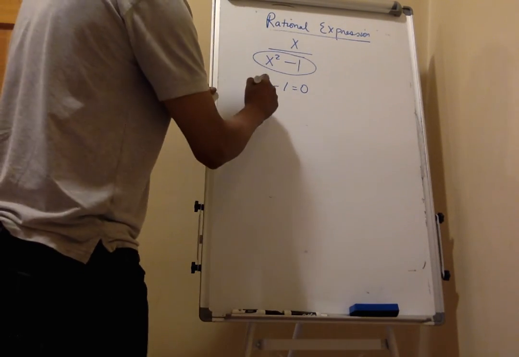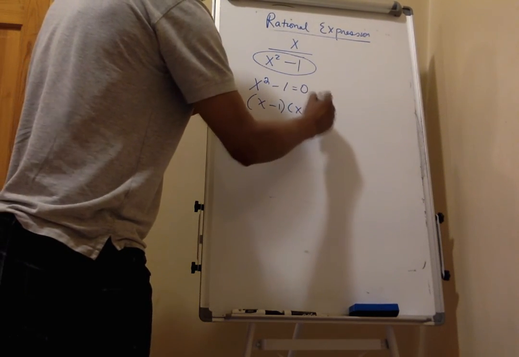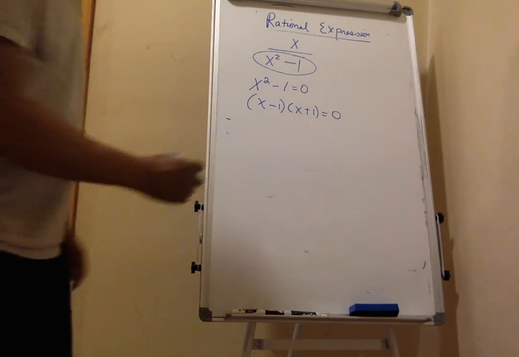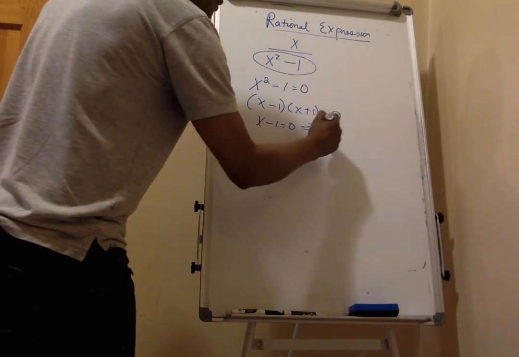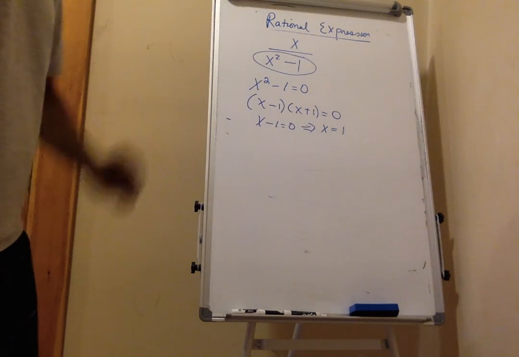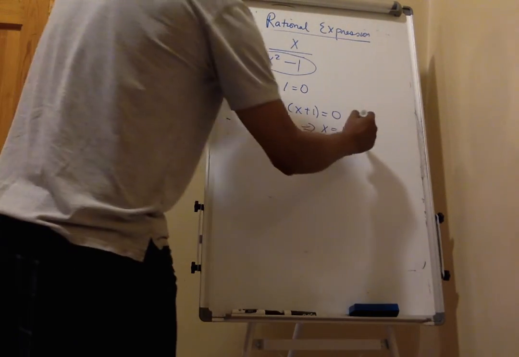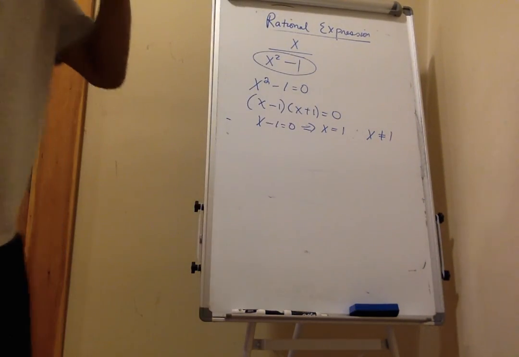X squared minus 1 means x minus 1 times x plus 1 is equal to 0. If x minus 1 is equal to 0, it implies x is equal to 1. Meaning what? If I plug 1 into x, I would end up with a 0. So that means x cannot equal 1.